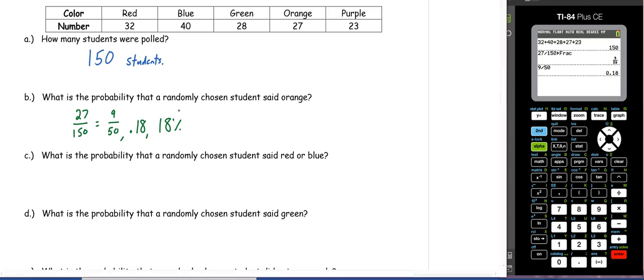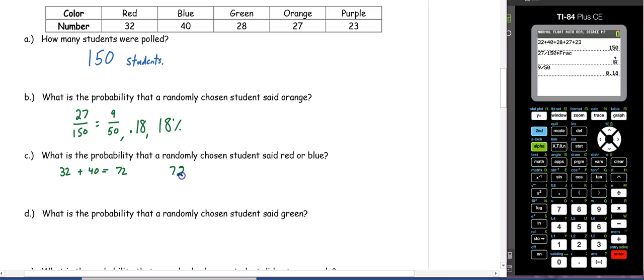Number 6, or part C, what is the probability that a randomly chosen student said red or blue? So we see that 32 students said red and 40 students said blue, so that's a total of 72 votes.